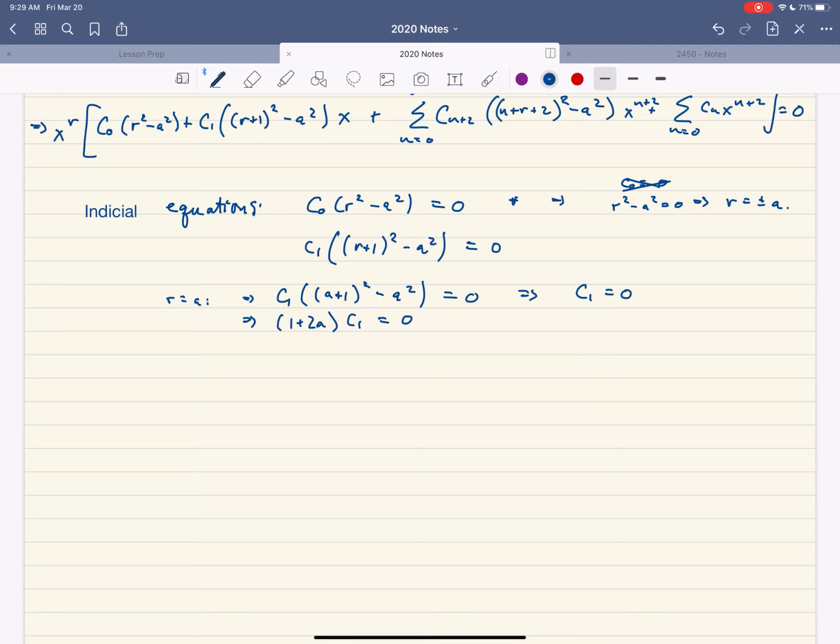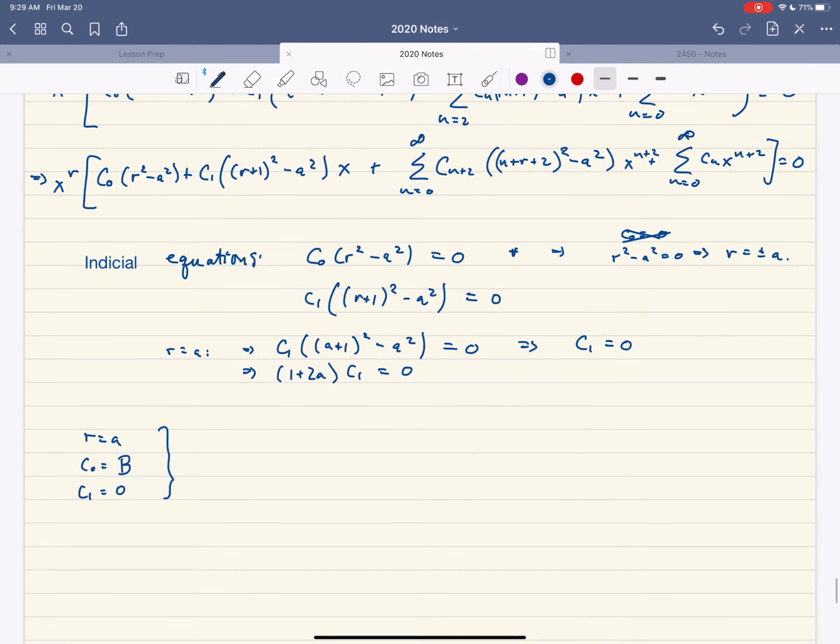But we're going to take this route. So we're going to say that r equals a, C naught is some unspecified value. Actually, I don't want to say a too much here, so let's call this capital B. And C1 is going to be 0. And if we do this, what we need to do then is look at our recurrence that we're going to get from our other values here.